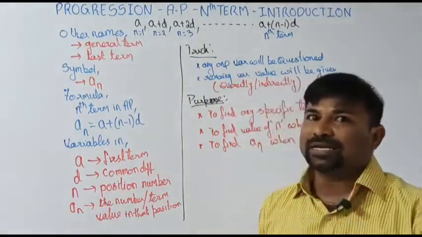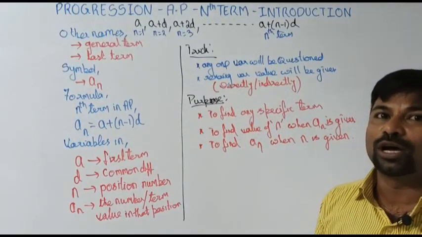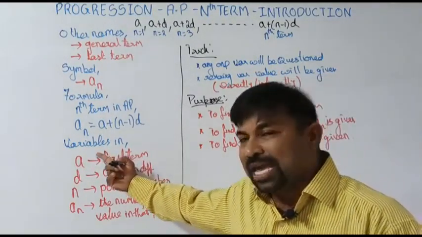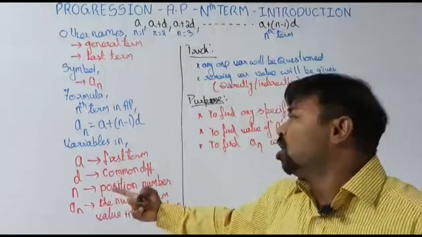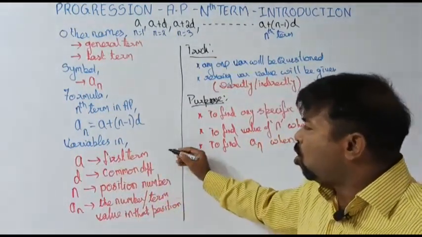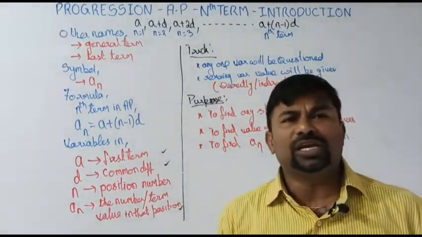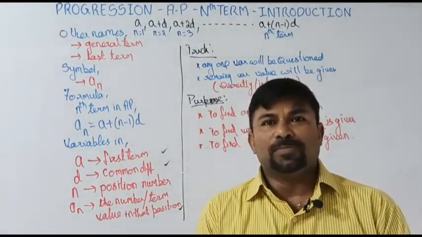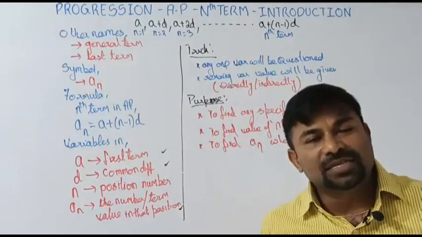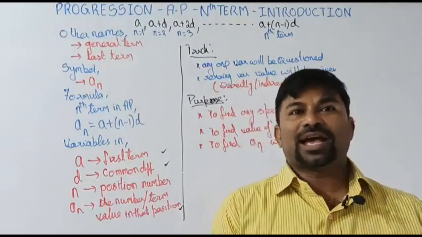But I'm going to tell you one more important concept here. Out of A, D, and an, all three may be negative, a fraction, a decimal, rational, or irrational.